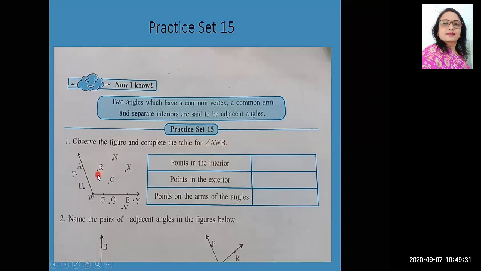Yes, very good, student. Point R, point C, point X, and point N are the interior points of the angle. Very good. Now, the second question is points in the exterior.